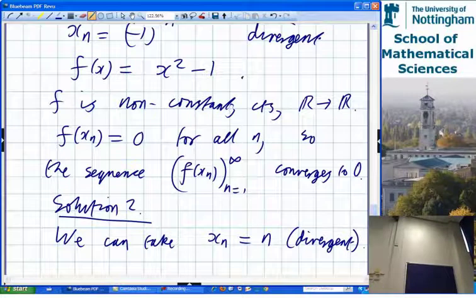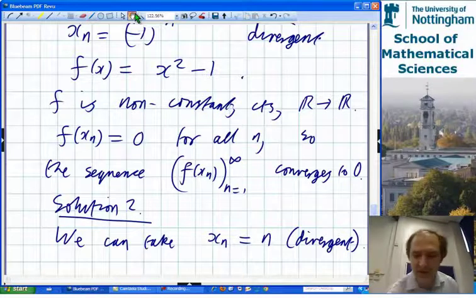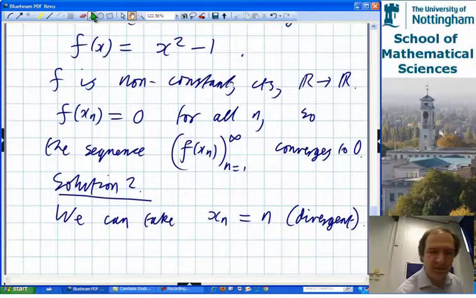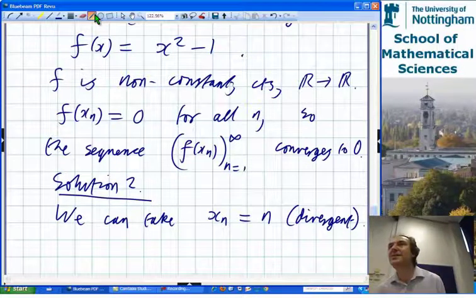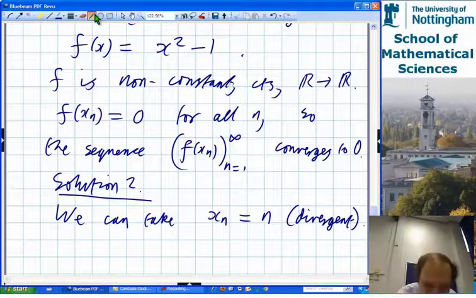Now we can't use 1 over x because that's not defined at 0, but perhaps we can find a different continuous function that will do something nice to this. Did anyone come up with an example of a nice continuous function which you can apply to n and get something that converges? Yeah, what have you got? e to the minus x. I like that one. Good.